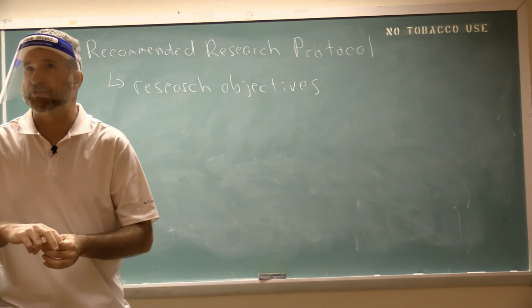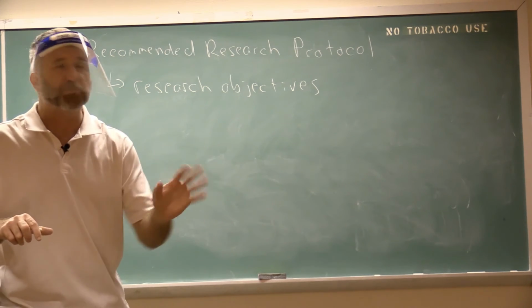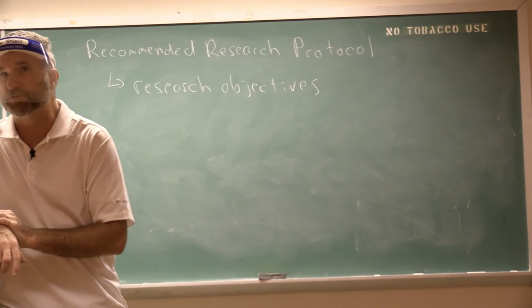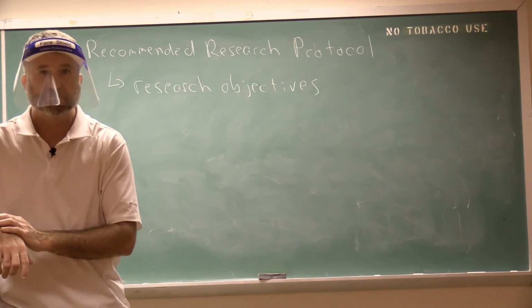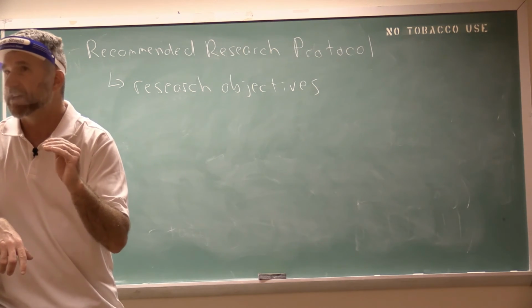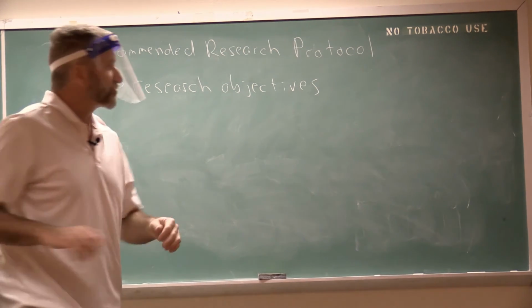I'm guessing for every single product you have here, you could do a taste test. You could do a focus group, you could do an internet survey. But you specify those research objectives, and those are the main questions you're trying to ask.